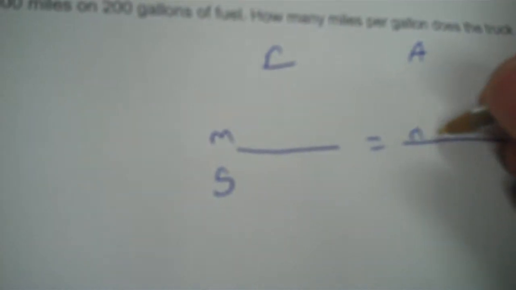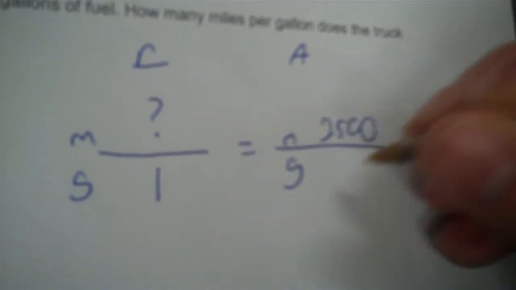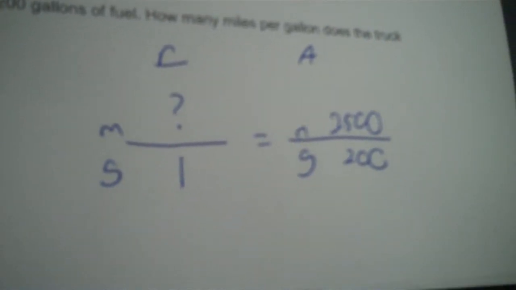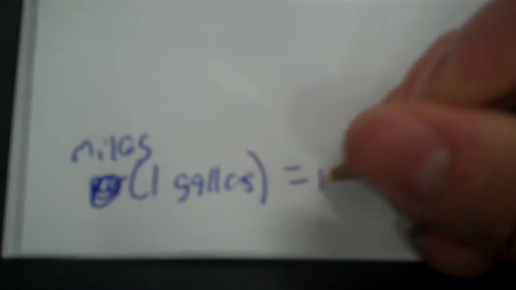Rate, actual. So the rate is 1 gallon, but I don't know how many miles. Now the actual, I have the actual, 2,500 miles, 200 gallons. So it ends up being that times 1, 2,500 divided by 200 is 12.5.